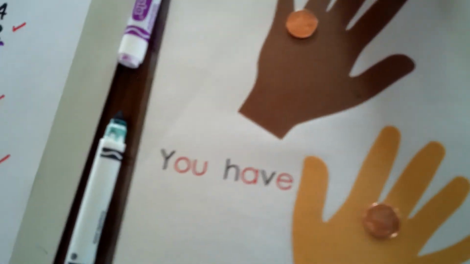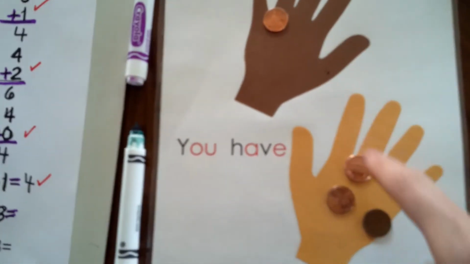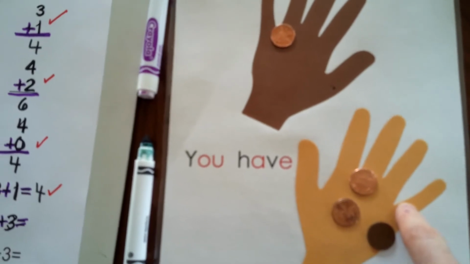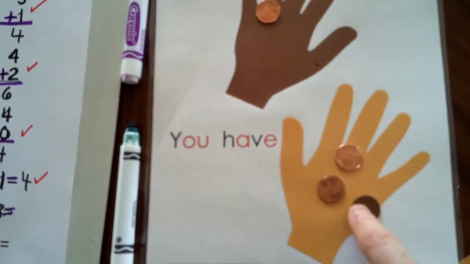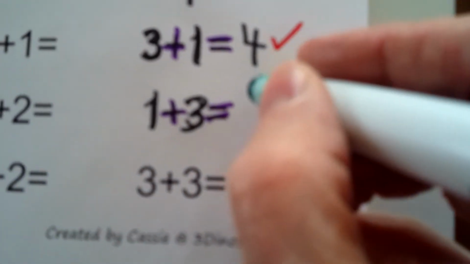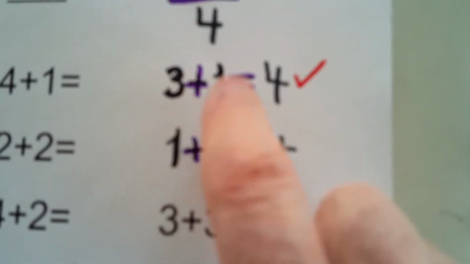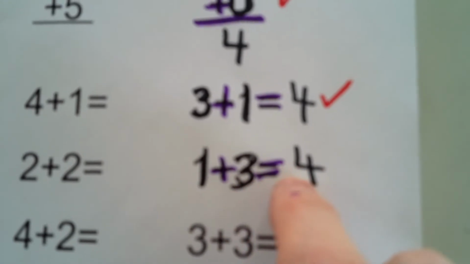Then I'm putting 1, 2, 3 pennies in the other hand. 1 penny plus 3 pennies equals how many? Count again. Please write the number that you got right over here. And did you get that number too? 3 plus 1 equals 4, and 1 plus 3 equals 4.